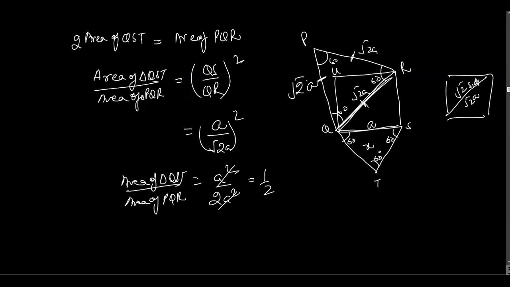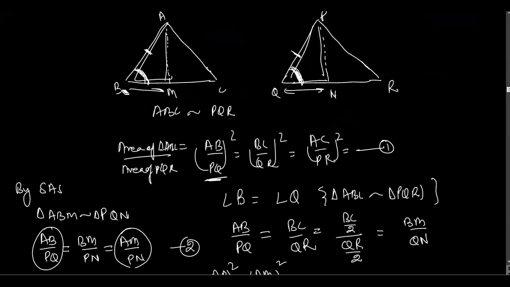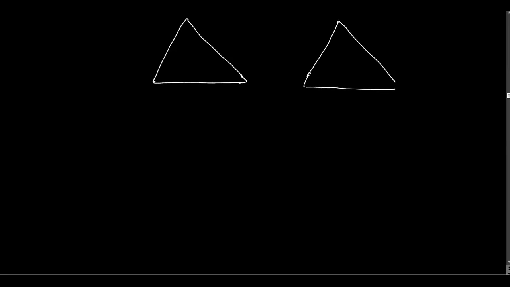Okay, if I'm saying that this has been given to you, this is a triangle, okay, and actually if I'm making two triangles here, ABC and PQR, these are two triangles, okay, and if I'm saying that these are the altitudes of these two.